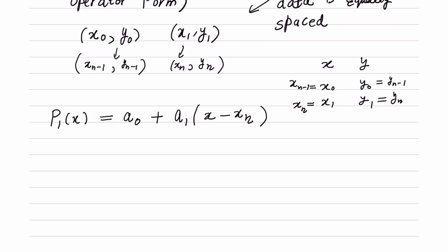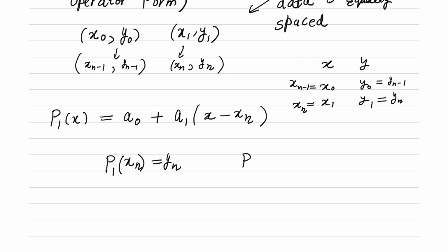Since we have two unknowns here, a0 and a1, to find them we will use two conditions. If in this degree 1 polynomial, in the place of x, I plug xn, I must get yn.